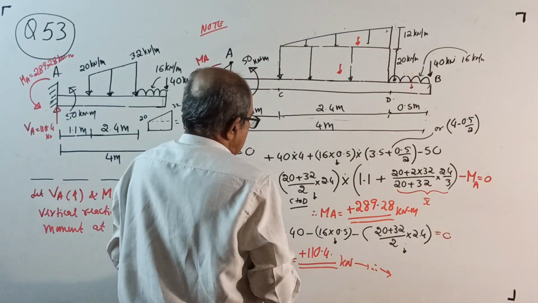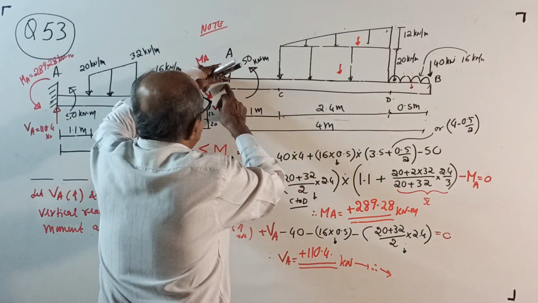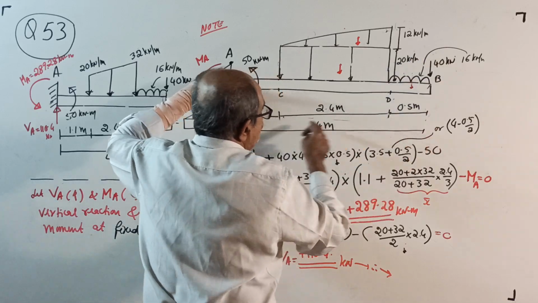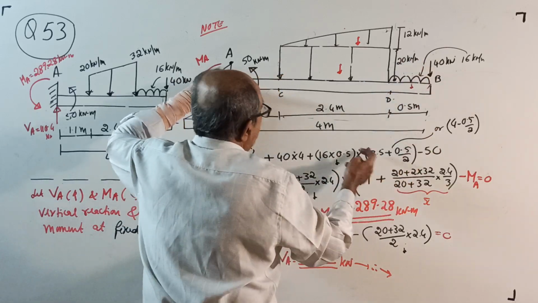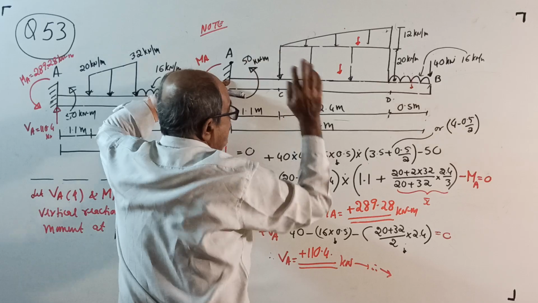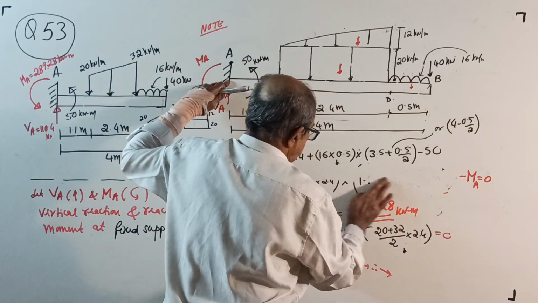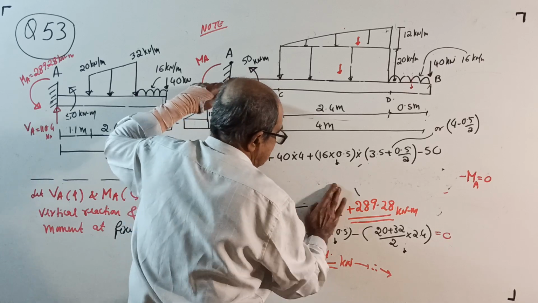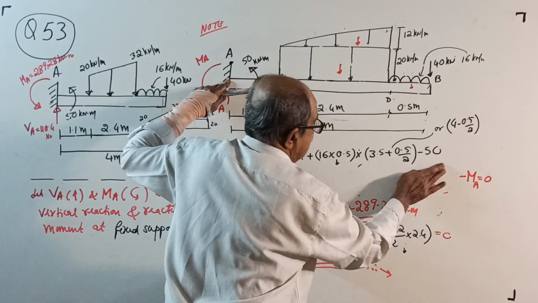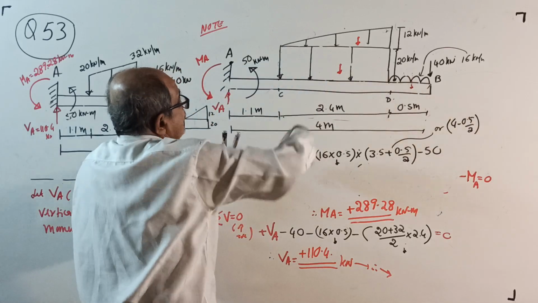Now, do one thing: take moment about A. 40 into 4, 20 into that UDL are the same, anti-clockwise 50 also the same. This term will change. That term will be plus.